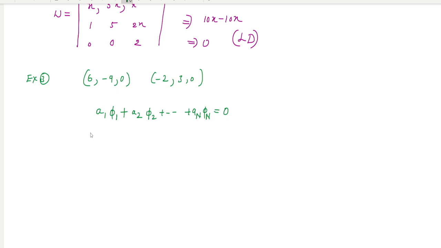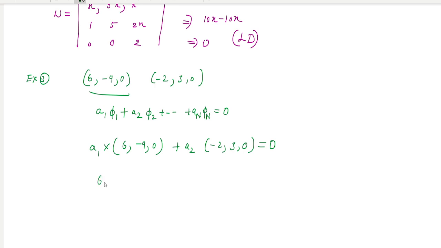So this is a1 into 6, minus 9, 0 plus a2 into minus 2, 3, 0 equal to 0. So this one is ijk, this one is ijk, right?